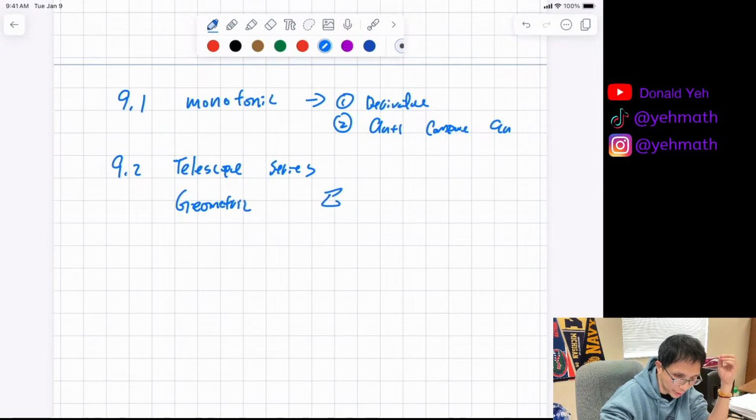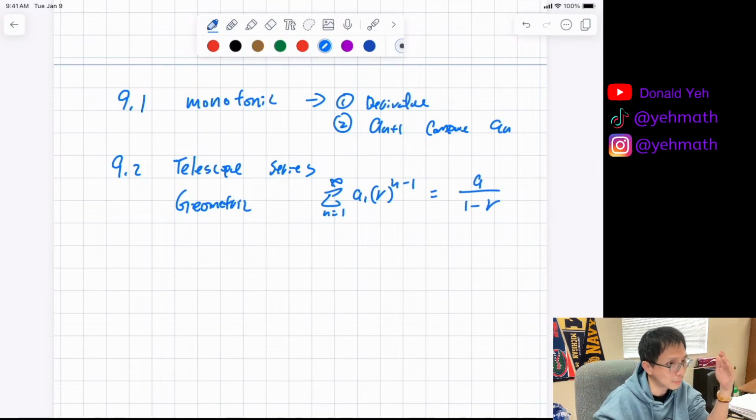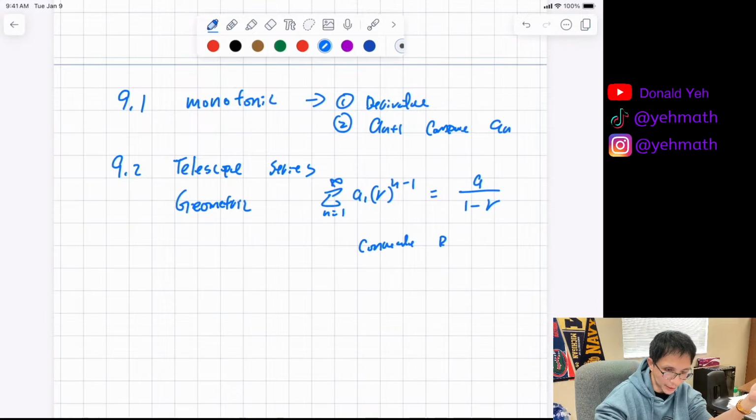Geometric is the summation from n equals 1 to infinity of a1 times r to the n minus 1. That's equal to a over 1 minus r. You must memorize this equation. Now, I can use this to convert repeating decimals to fractions.